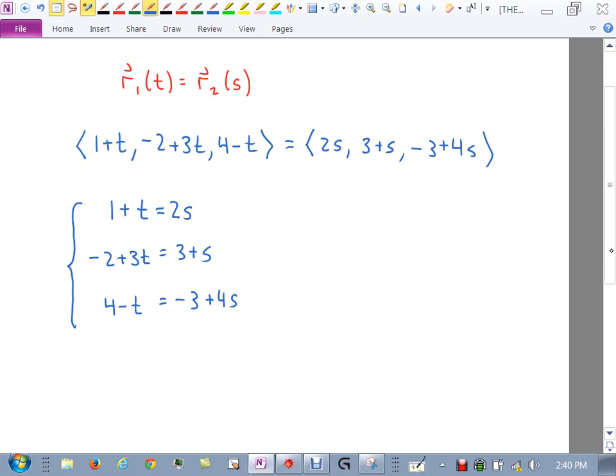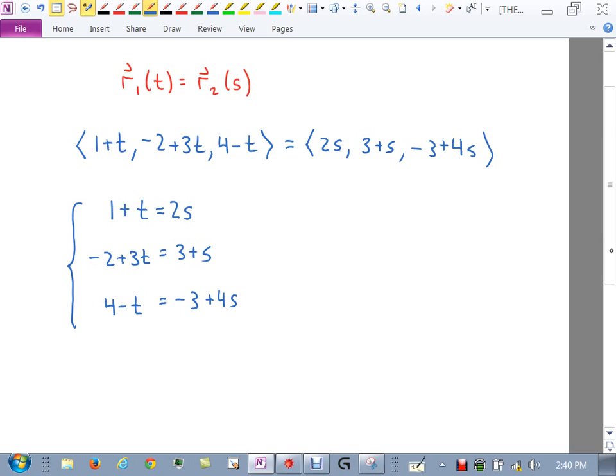How many equations do we have? 3. How many variables do we have? 2. We should get a unique solution. You have more equations than variables. Whenever you have more equations than variables, you can usually solve. If you have more variables than equations, you can get general solutions, but you can't get exact solutions.